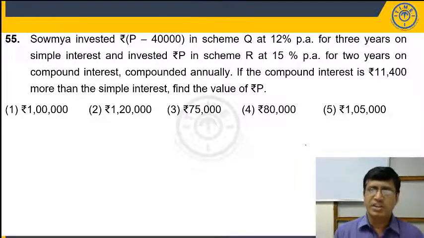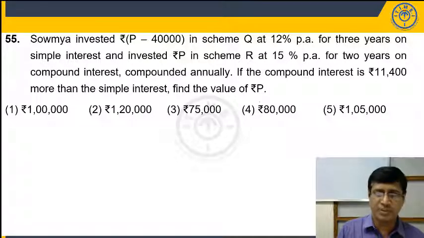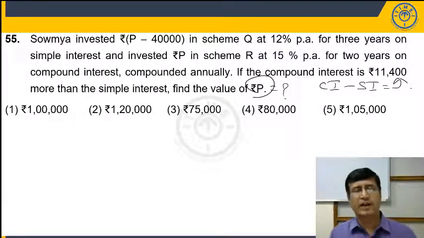If the compound interest is rupees 11400 more than the simple interest, find the value of P. So we are asked to find the value of P. What is given? Compound interest is more than simple interest by 11400.